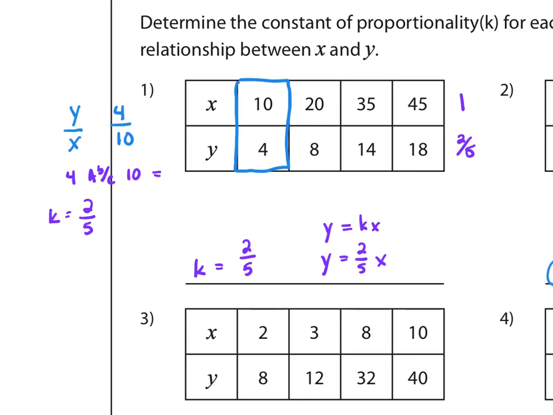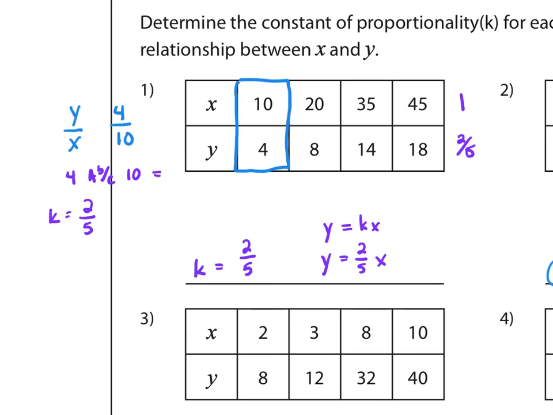Let's try that again. This time, let's put 20. So we're going to clear our calculator and put 2ABC5 times 20. And when I press enter, I indeed get 8 back. So if I took 2/5 times each one of these x values, I would indeed get back the matching y value, just like the table before when we took 7 times all the x values, we got back the y values.